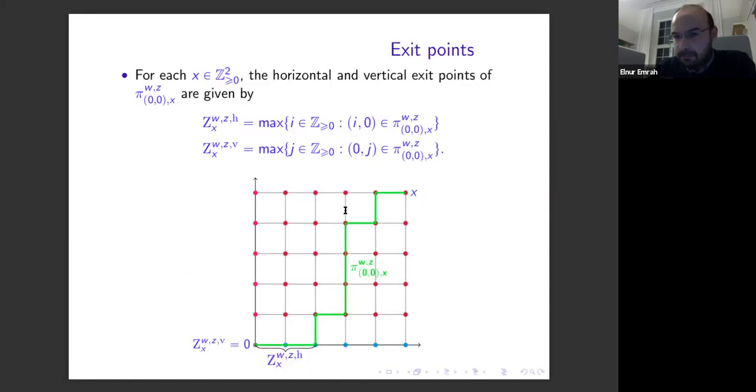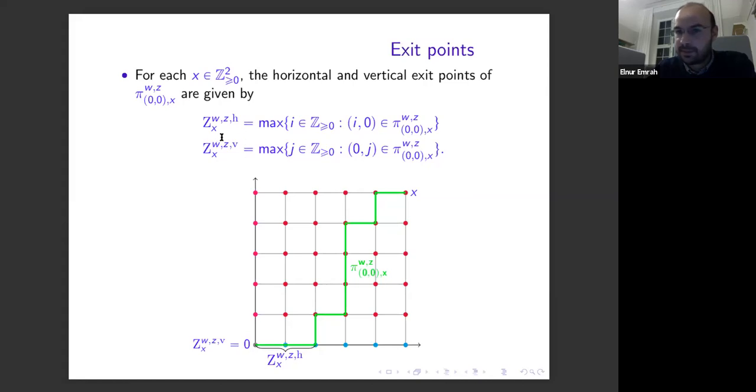Now consider this geodesic. Then I will define the exit points of this geodesic from the axes. So the horizontal exit point is defined as the number of vertices that it visits on the horizontal axis before entering the bulk.